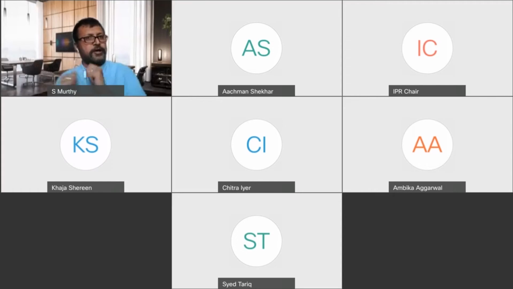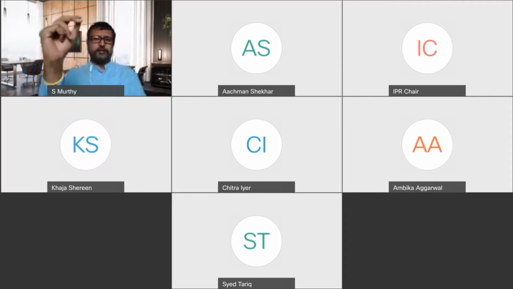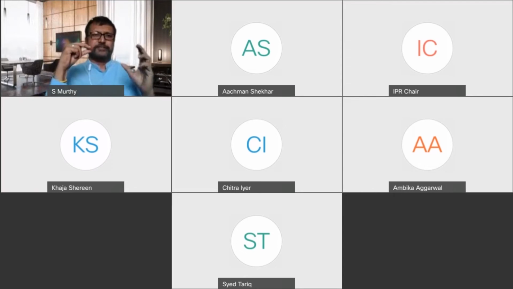Now let us talk about royalties, right? Reasonable royalties. When you talk about reasonable royalties, one of the major things is there is an intrinsic value to the patent. Let us call the intrinsic value of the patent X. You came up with an invention, the value of the invention is X, let us say.